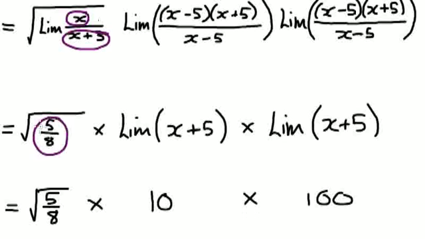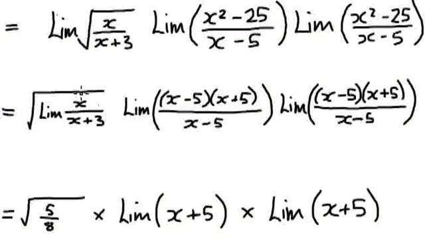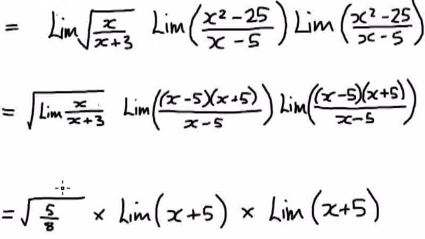That's why you've got this here. And finding the limit of this is the same as square rooting 5 over 8. So the limit of this thing here is actually the square root of 5 over 8.